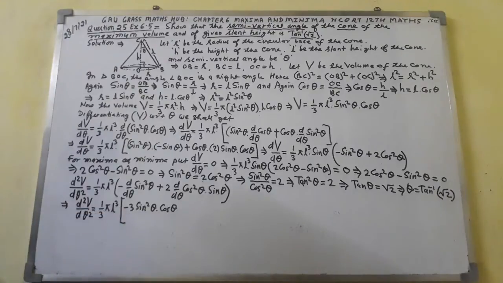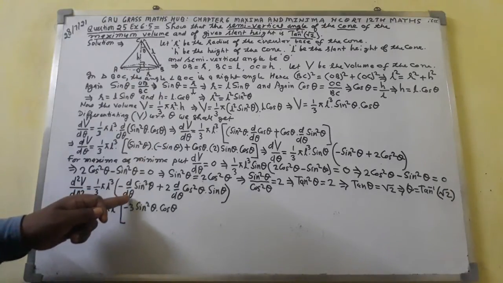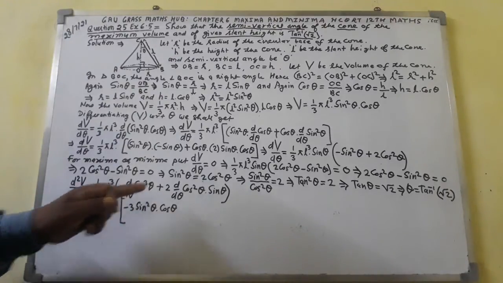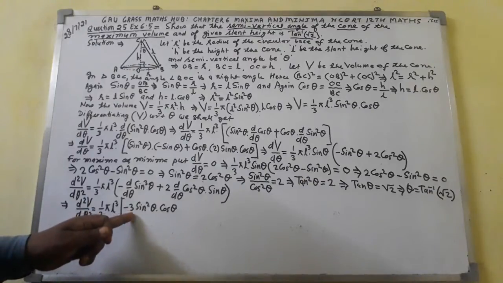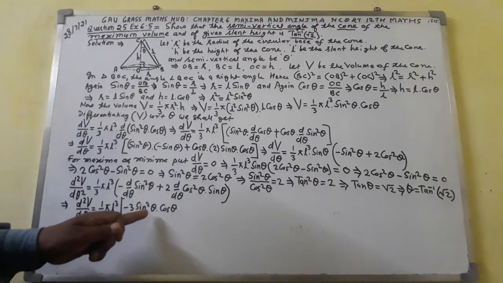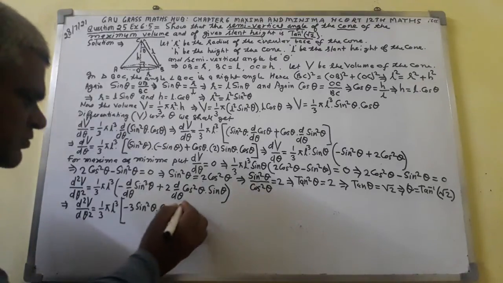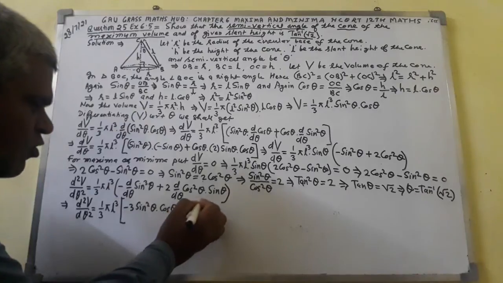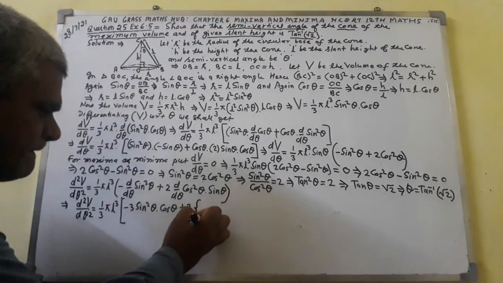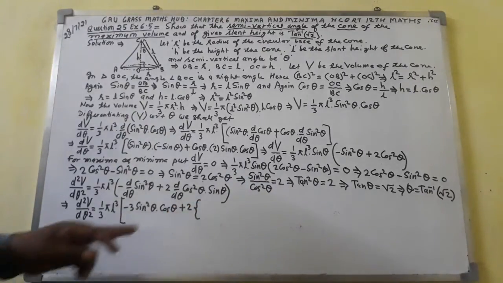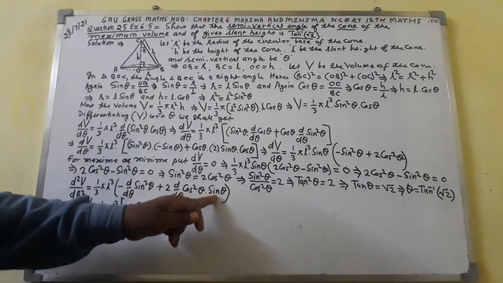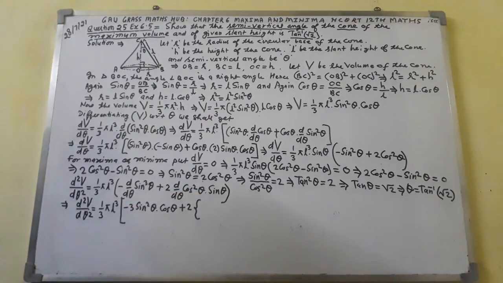Here minus, minus I shall write d over d theta of sin cube theta comes out to be 3 sin square theta cos theta, and plus 2, open curly bracket. Here cos square theta and sin theta, two functions are multiplied together, so here I shall use product rule.